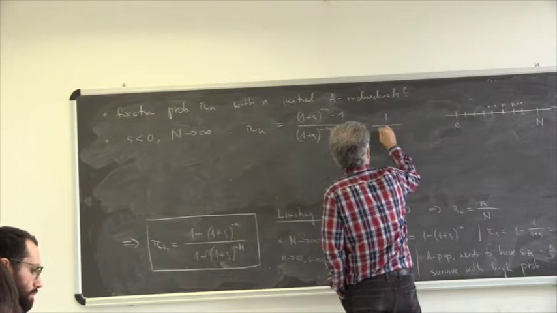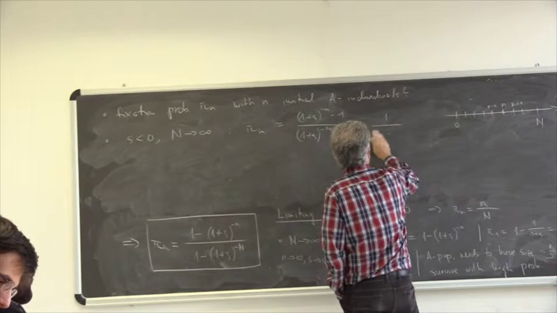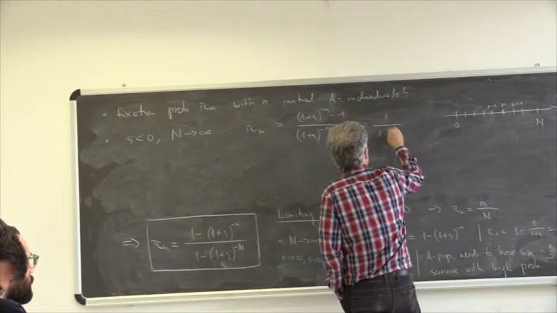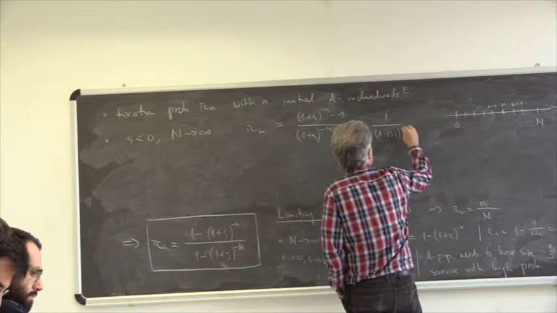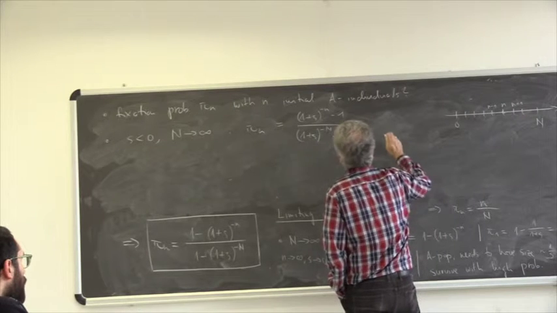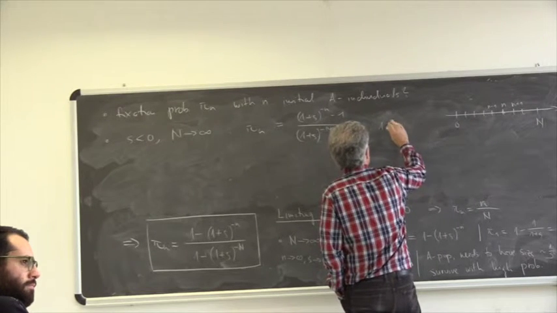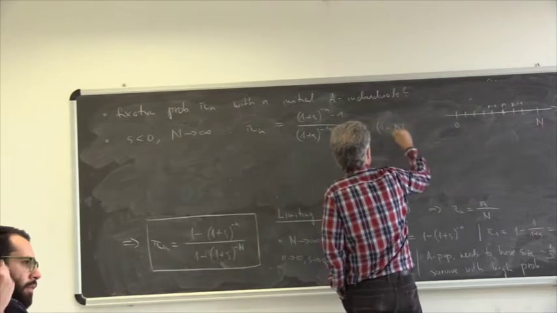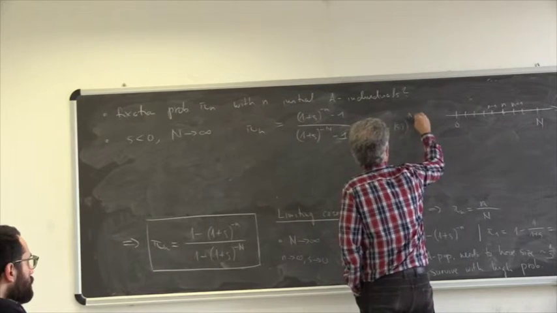So this is 1 over 1 plus s. Okay, so maybe I should write it like this: 1 minus s absolute value to the power minus n. So it will be something like 1 plus s, 1 minus s absolute value to the power n, right?